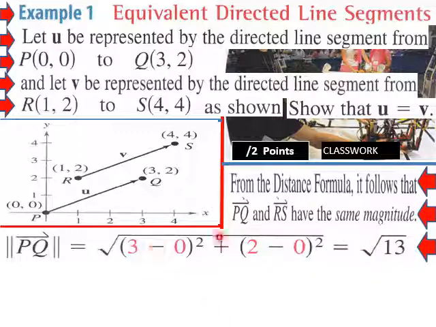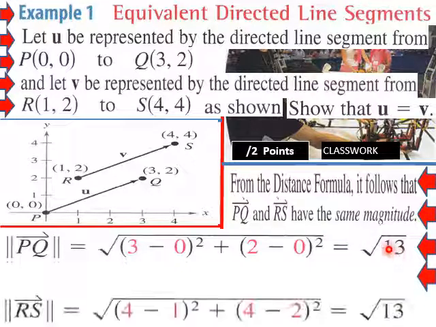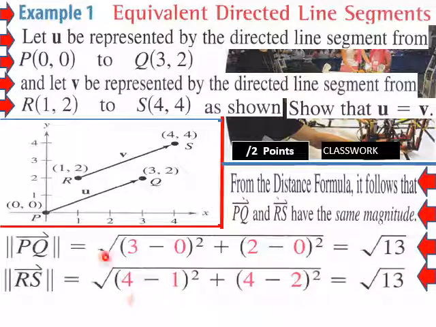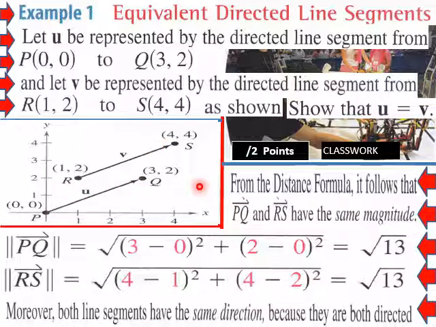So we have 9, and then 4, is radical 13. And then we're going to do the same thing up here with our S. We have (4 minus 1) squared plus (4 minus 2) squared, which equals radical 13. So that is your magnitude there. And these two bars on both sides indicate magnitude for these different line segments here.